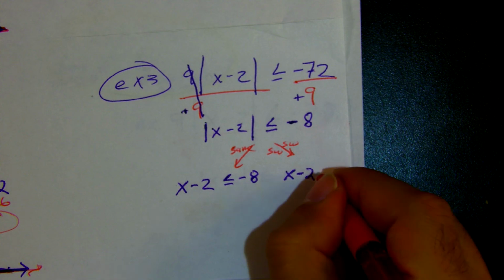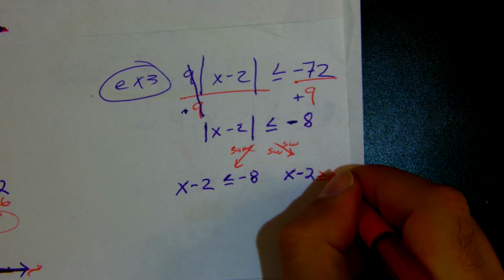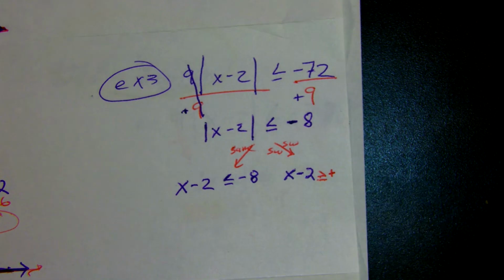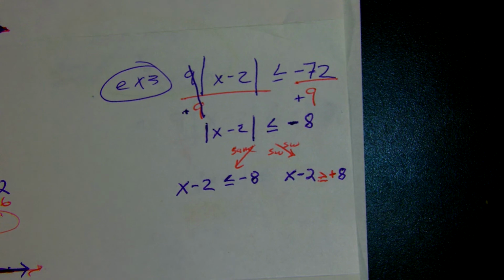But look what we do again. We switch the sign. Nice. This is where I caught myself here. We switch the inequality and we switch the sign of that value on the right side. See how it becomes +8. Okay, that's key. The switch branch is kind of the different part, right? It's a different part of it.